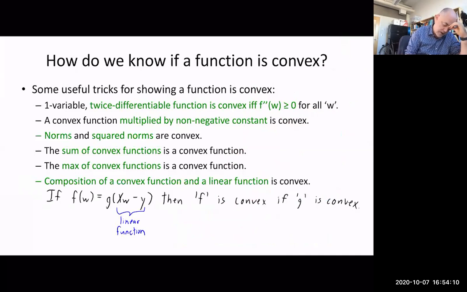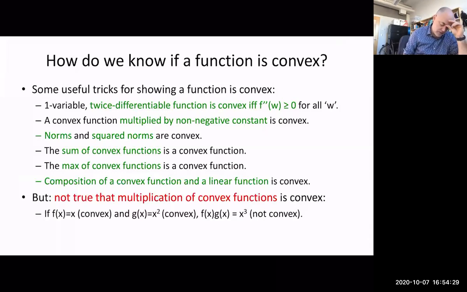So here we have y minus Xw, which is a linear function, right? Then f is convex if g is convex. That's pretty cool, right? Which means that when we do this, then our least squares objective is a convex function, right?